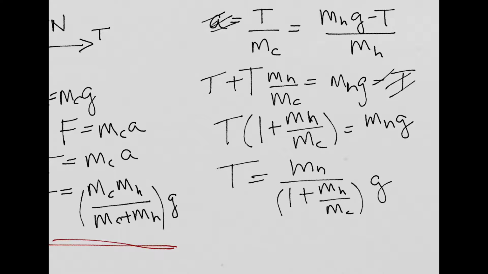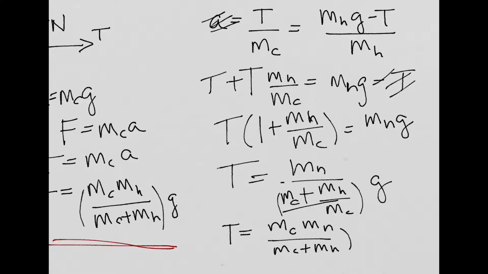What I'll do is I'll internally change this 1 to mc over mc. Okay, same thing, and then I can flip this fraction and I get T equals mc mh over mc plus mh, all times g.